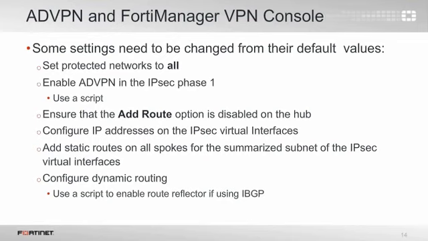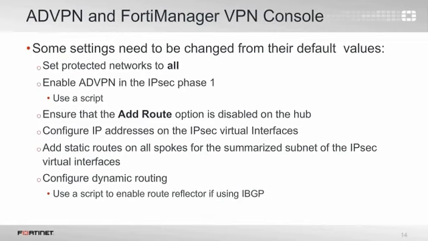If you are configuring ADVPN on FortiManager using the VPN Manager, remember the following. Set the protected networks to all. Use scripts to enable ADVPN in Phase 1. Disable the option Add Route on the hub.